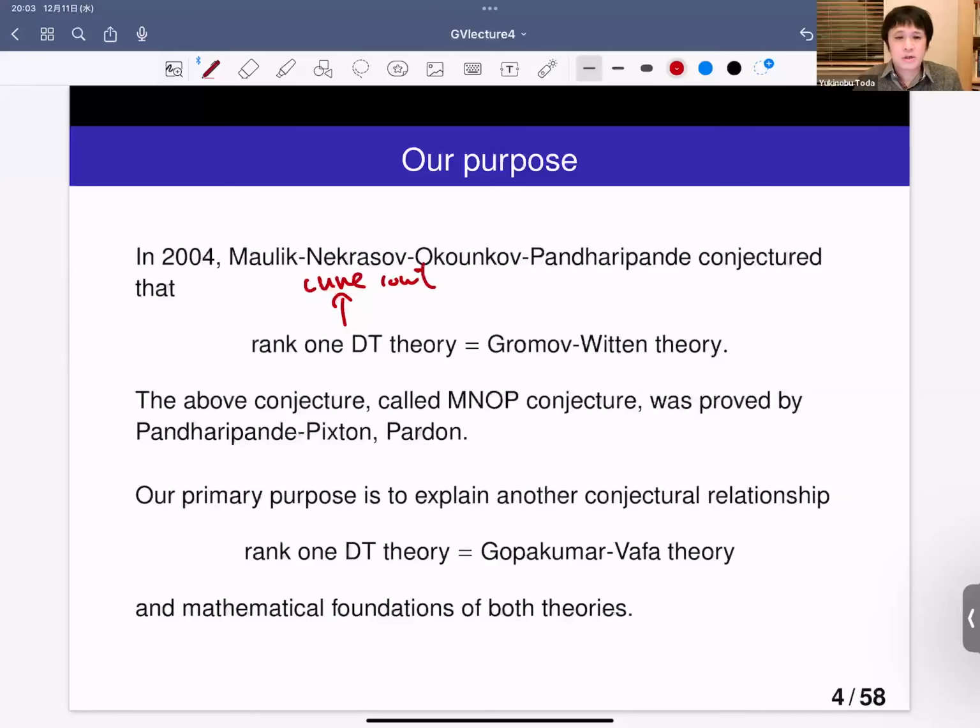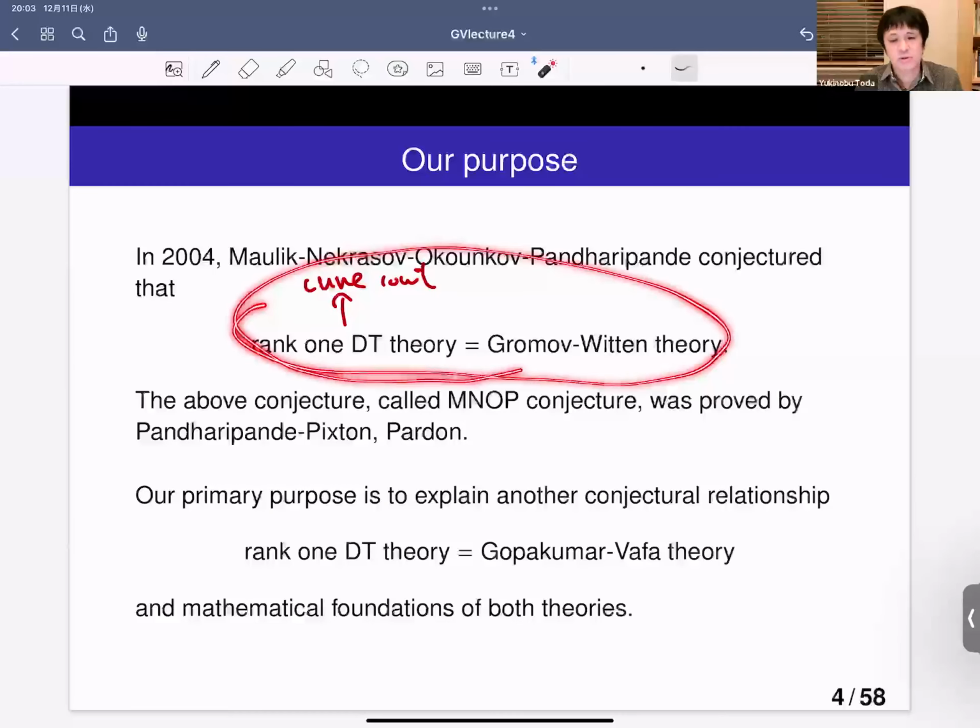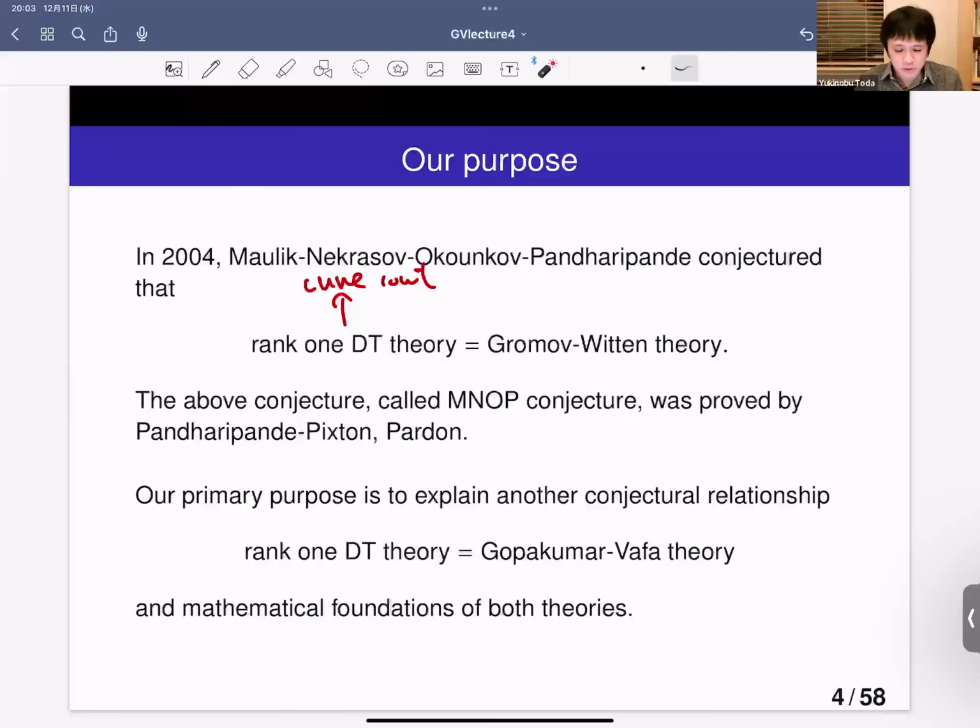There are several curve counting theories like Gromov-Witten theory and Gopakumar-Vafa theory. This correspondence is a very well-established theory. The purpose of this lecture is to explain another theory, Gopakumar-Vafa theory, which has a relationship with these theories. And this relationship is still mysterious in many cases.